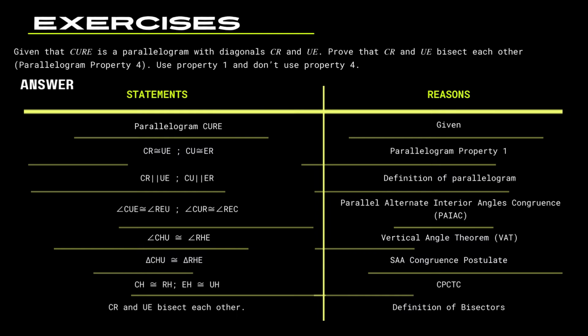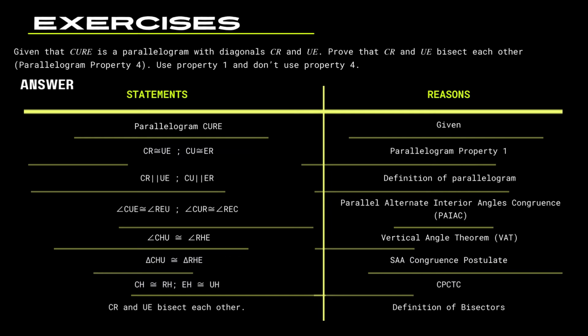Next, for statement 5, I have angle CHU is congruent to angle RHE, which proves the vertical angle theorem. Then, statement 6, triangle CHU is congruent to triangle RHE, and that is the SAA congruence postulate, which I formed from the knowledge of postulate congruency.